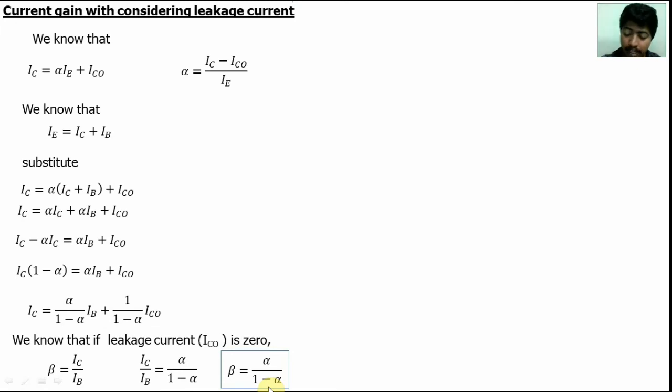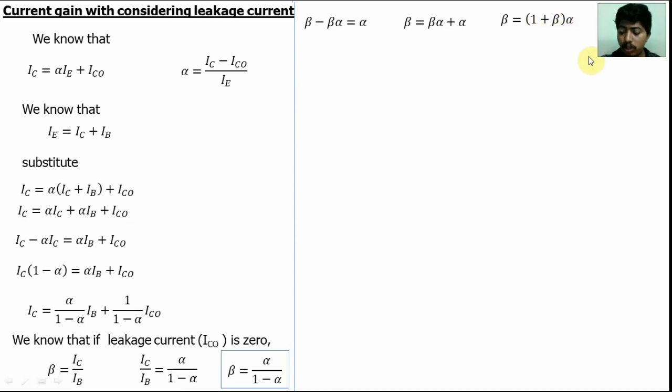Now let's find the alpha relation. Simplify this equation, cross multiply: beta minus beta alpha is equal to alpha. Then beta is equal to beta alpha plus alpha. Beta is equal to (1 plus beta) into alpha. So alpha is equal to beta by 1 plus beta. This is the alpha relation. You should remember this formula.